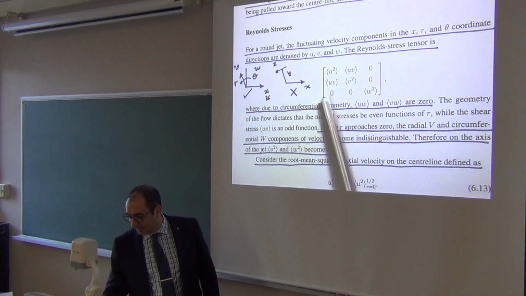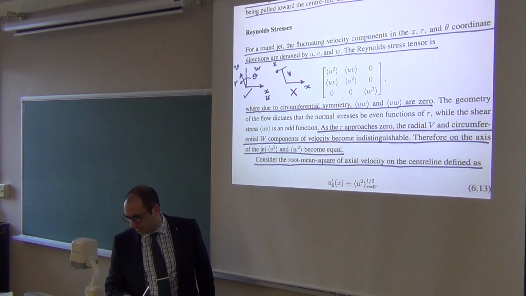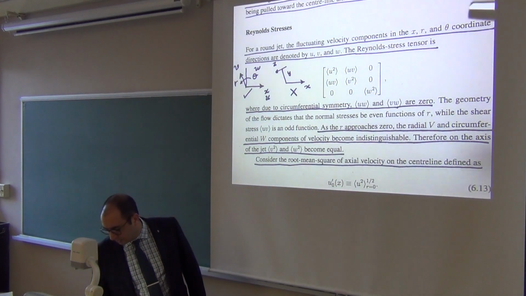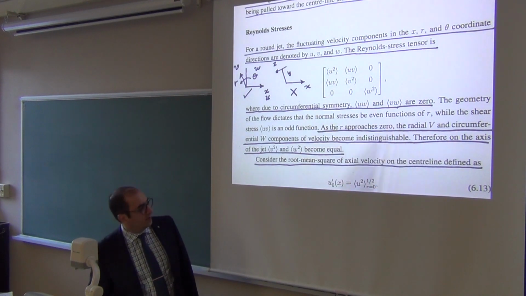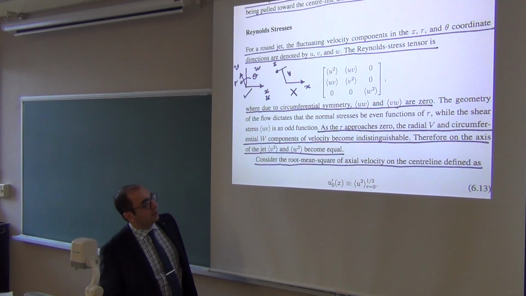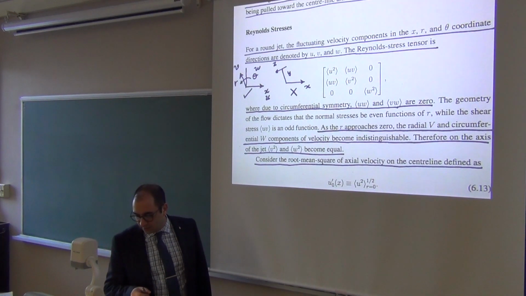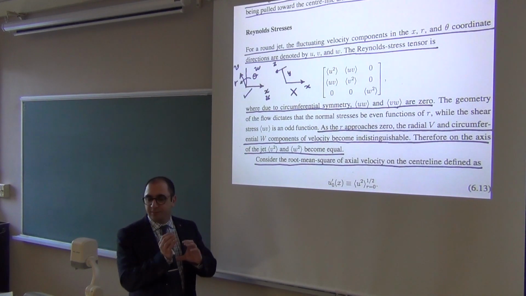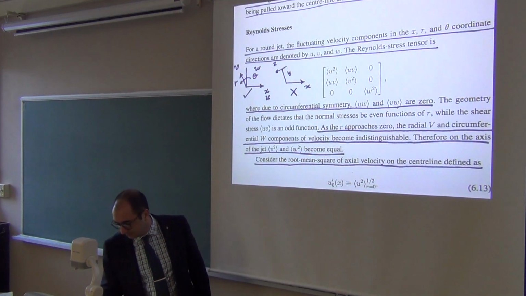And you have the cross correlations, UV and VU. And we told you all of the cross correlations involving W, such as UW and VW, must be 0 because the jet is axisymmetric. There's no reason why there should be a cross correlation in the circumferential direction. Okay, so we talked about that.